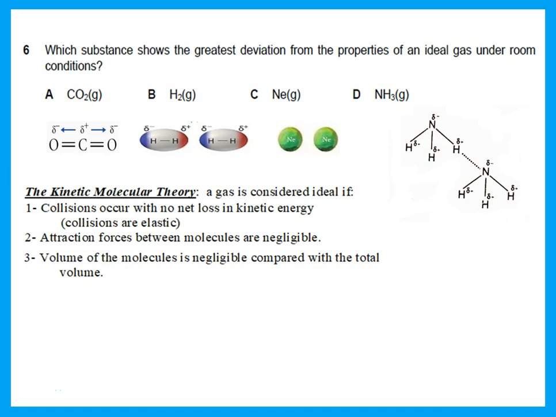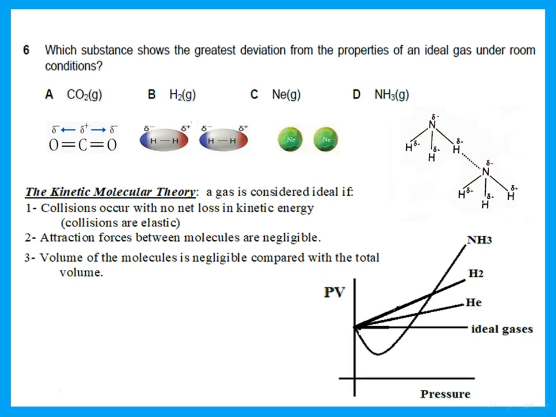Ammonia is a molecule that has the London dispersion forces, the permanent dipoles, and hydrogen bonding. Remember that when something has hydrogen bonding, these are the strongest intermolecular forces for simple molecular compounds. So ammonia will have hydrogen bonding, so ammonia would be the one that deviates most from ideal gases. Remember that if we draw the graph of PV versus pressure, ideal gases are straight lines. Any other gases would deviate from that. So ammonia is the one that has the greatest deviation from properties of an ideal gas.